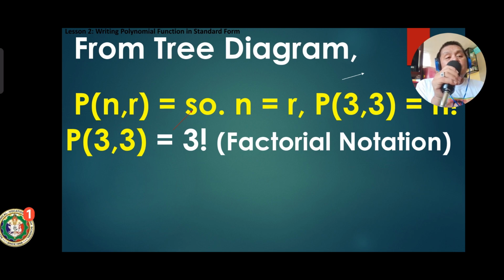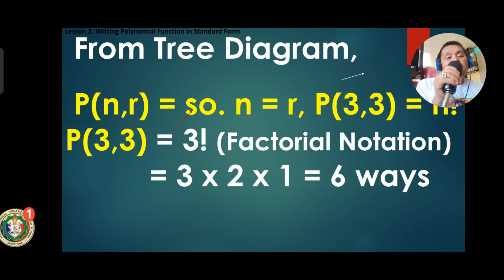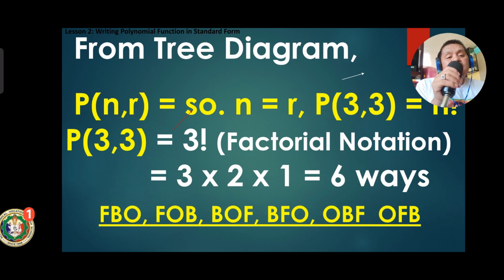So using the factorial notation, 3 factorial is equal to 3 times 2 times 1, which is equal to 6 ways. And what are these pairs? First, we have FBO. Second, FOB. Third, BOF. Fourth, BFO. Fifth, OBF. And the sixth is OFB.